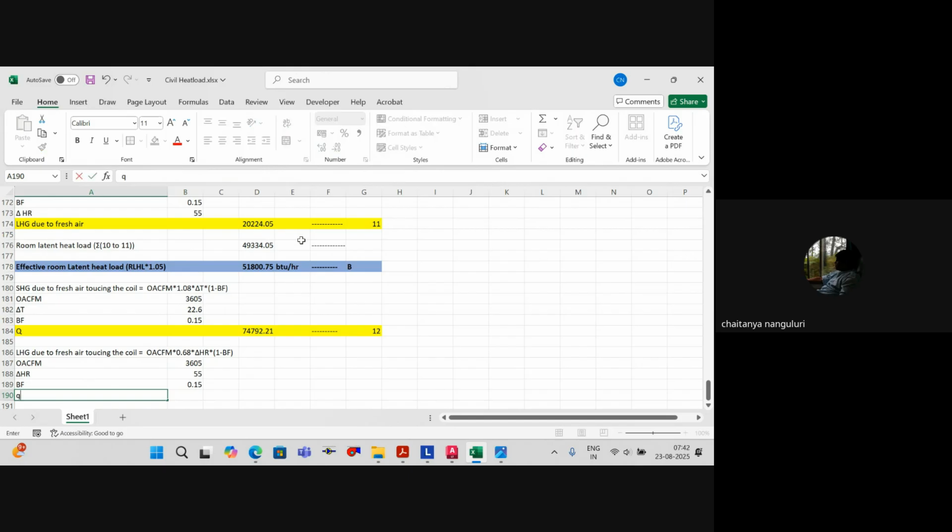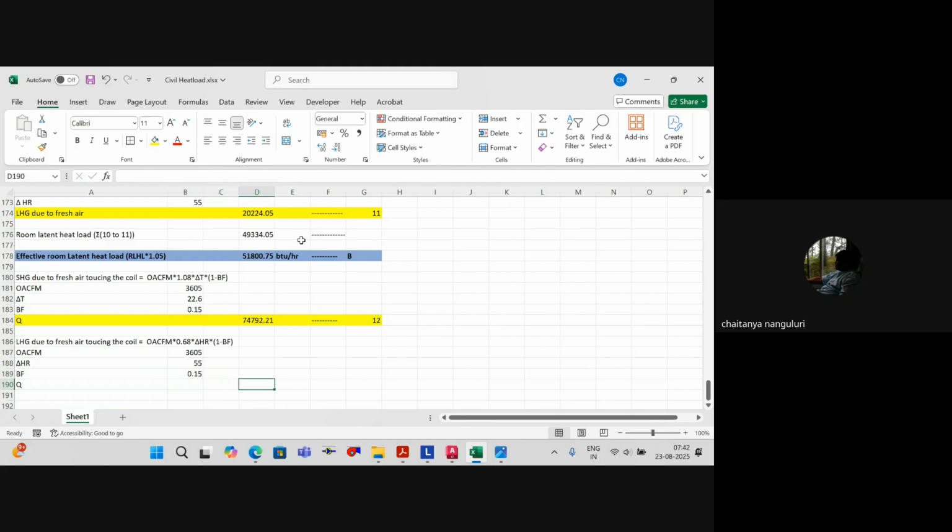So Q, the total heat gain because of that, is OACFM into delta HR into 0.68 into (1 minus 0.15). You agree? That will give equation number 13. Clear or not? Yes.